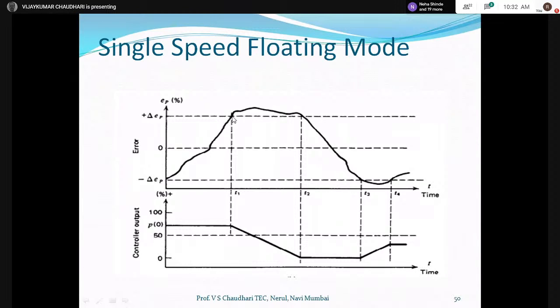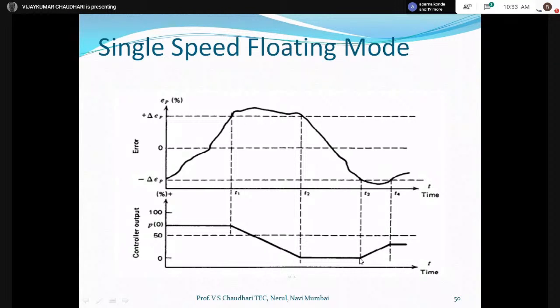And as the error changes and exceeds the neutral zone, controller output starts decreasing at the rate dP by dt equal to minus K, and continues to decrease up to the point where the error again enters this neutral zone. As soon as it enters the neutral zone, this is the controller output value, and it will continue with that value.